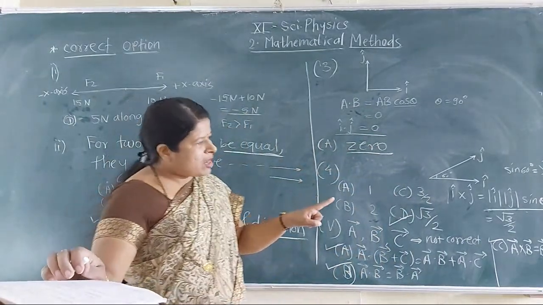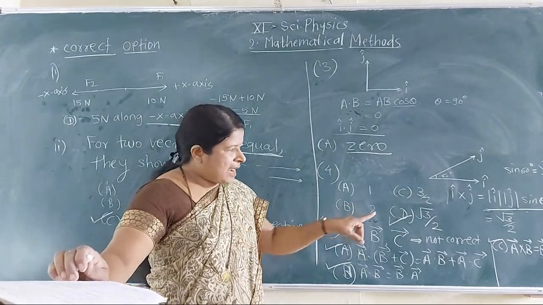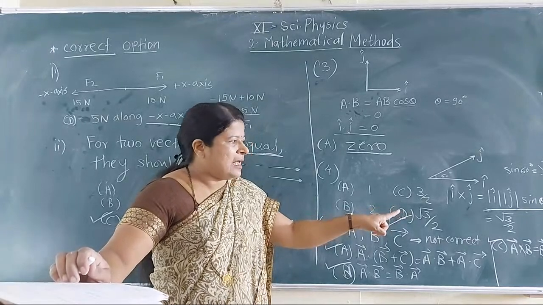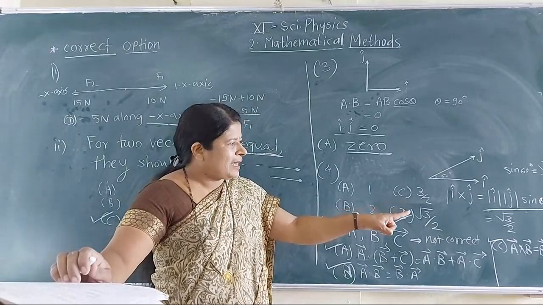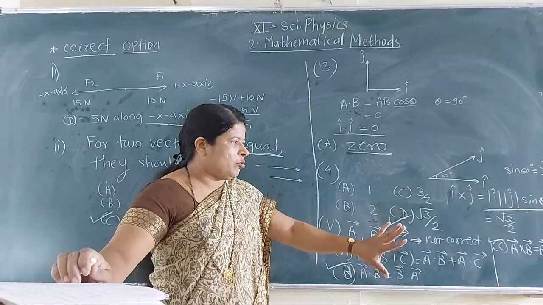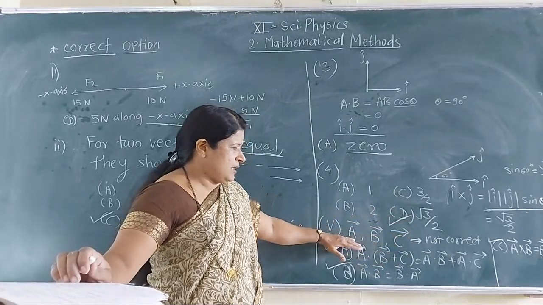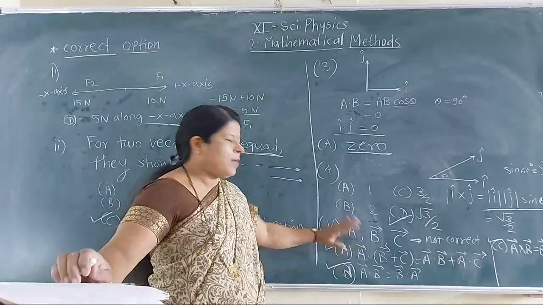Vector A cross vector B is not equal to vector B cross vector A. This is the incorrect option. So option number C is the correct answer for MCQ number 5.